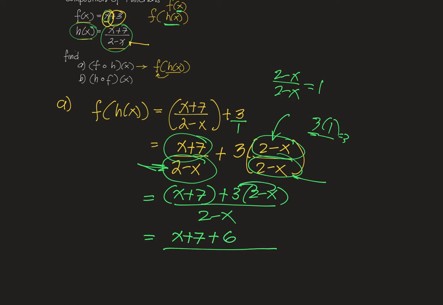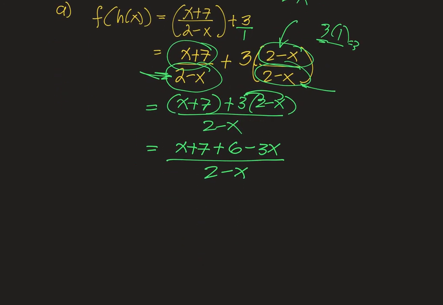That is a 6 for the 3 times 2, and 3 times x with a minus sign is minus 3x. Then you have 2 minus x in the denominator. So let's continue to work. x with an x, number with a number. x minus 3x will be negative 2x. 7 plus 6 will be 13. Then divided by 2 minus x.